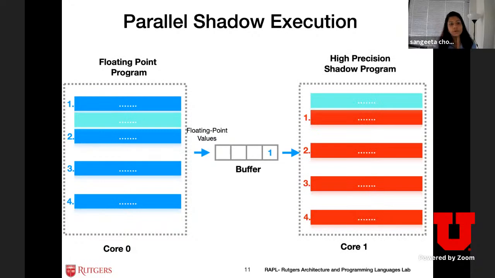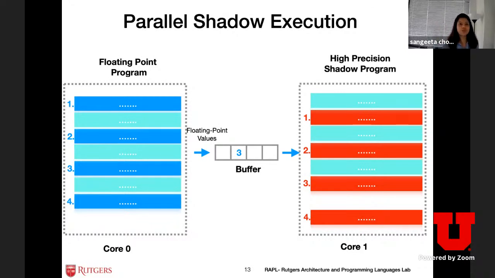The high precision program starts executing and retrieving these values from the buffer. This enables the execution of the high precision program in parallel with the original program, and yet provides the fine-grained comparison to assist in debugging. This approach works well and still provides speedup because the FP program is an order of magnitude faster than the high precision program.